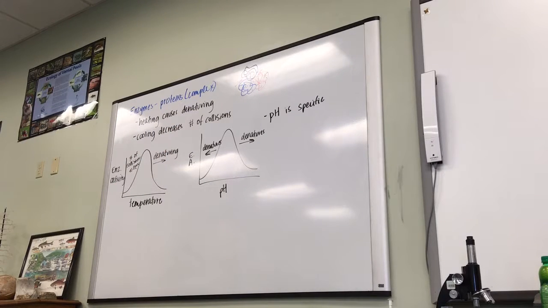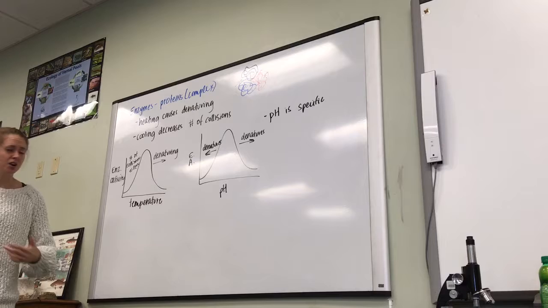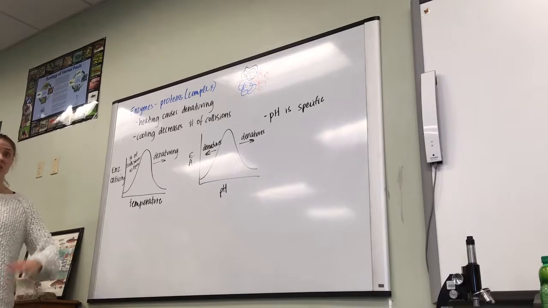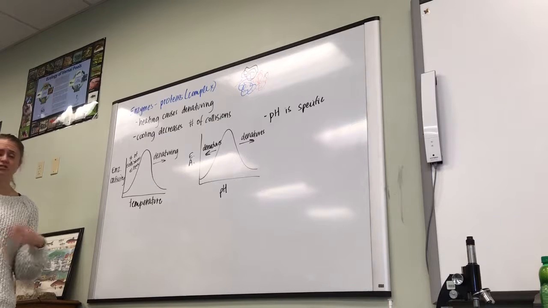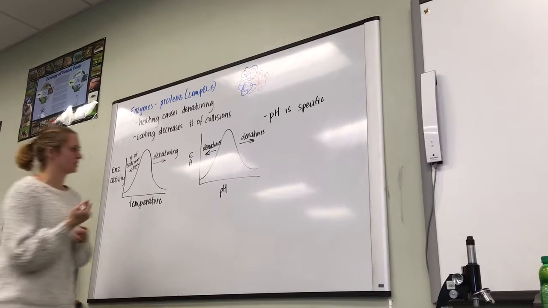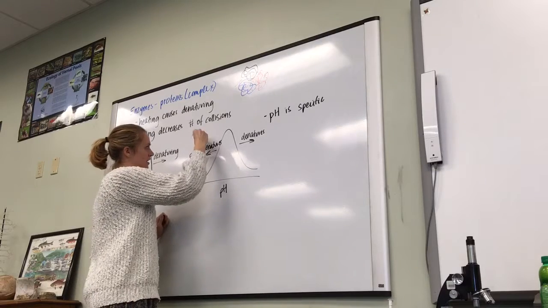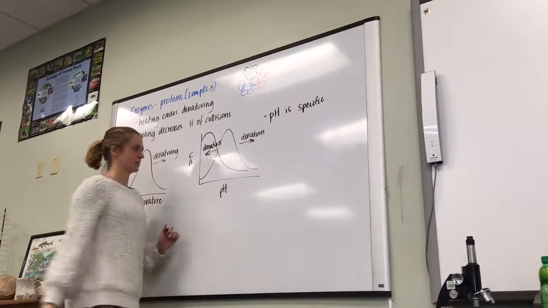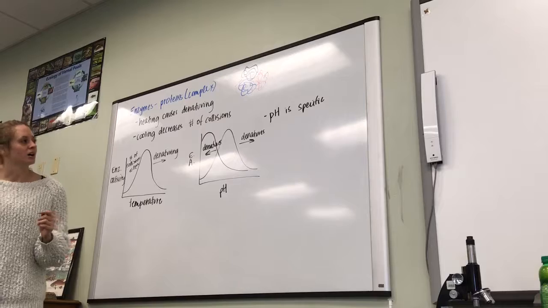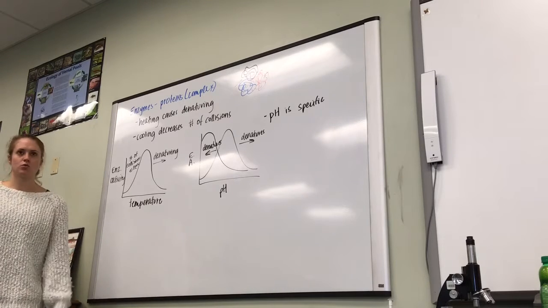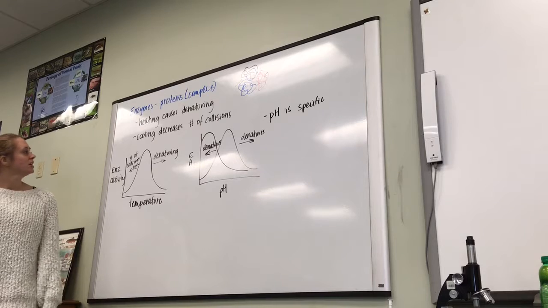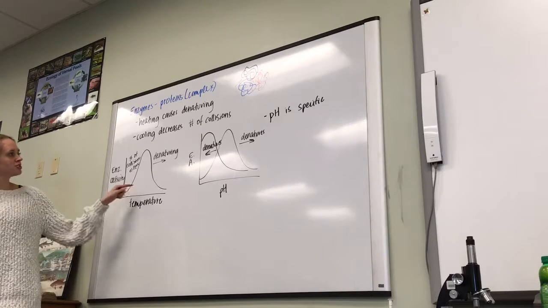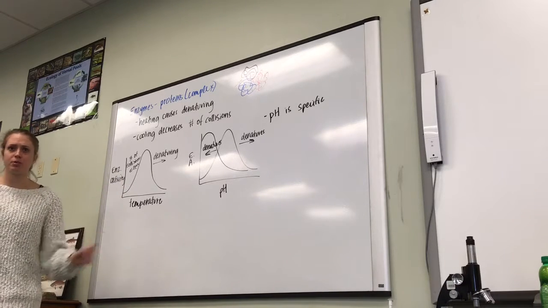Enzymes in your stomach are going to be able to function at a really low pH, because keep in mind your stomach has a really low pH, so those enzymes are almost perfectly fit for that environment. So you might see that the peak is at pH 2 and then decreases like that. And then enzymes that are working in your spit or in your blood are going to work at slightly different pHs.